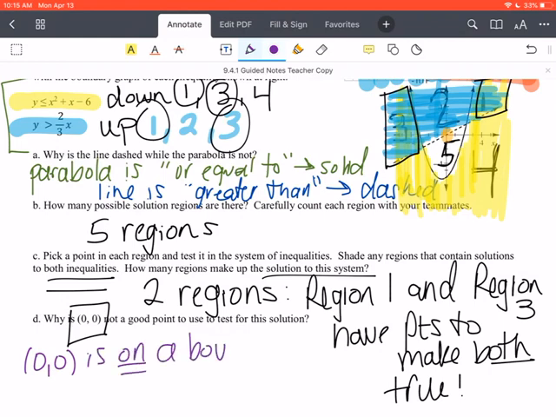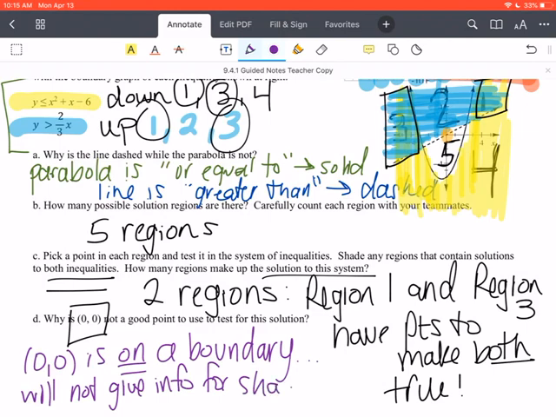And I think I mentioned this earlier. You never, ever, ever test a point on a boundary line, because what it's going to do is make both sides equal. Okay, and that's not going to give you any information to shade. Will not give info for shading.